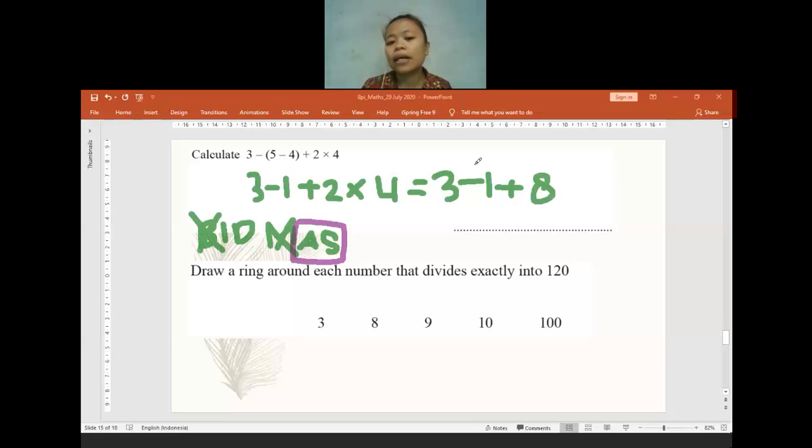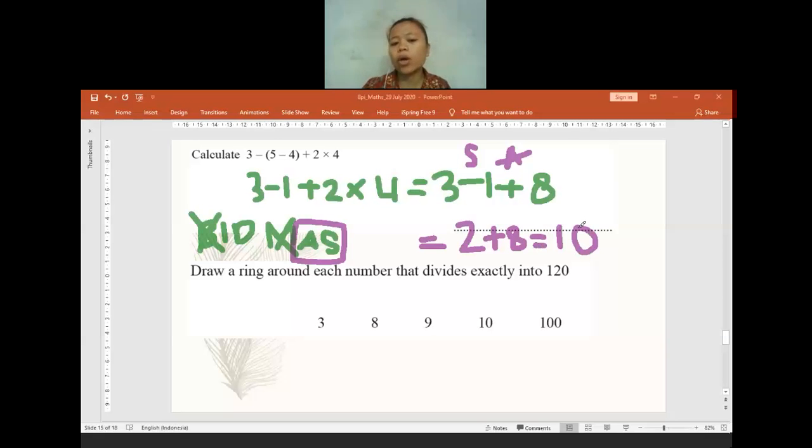So here, which one comes first, the subtraction or addition? Subtraction, right? So we have to finish the subtraction first, not addition. So it will be 2 plus 8. 2 plus 8 will be equal to 10.